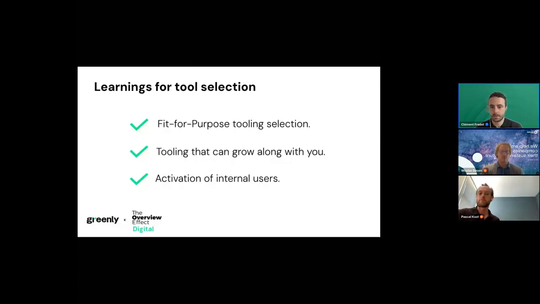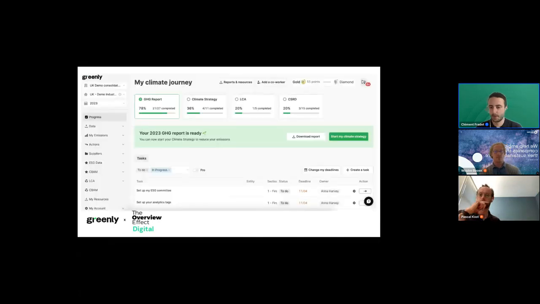Yes, thanks, Pascal. Let's get a bit more technical and see what a smart tool looks like and how we can use it for an easy process and easy calculation that is fit for purpose. As Pascal was saying, it's important to understand that we can adapt to the client's needs, and with a tool like Greenly there is scalability.